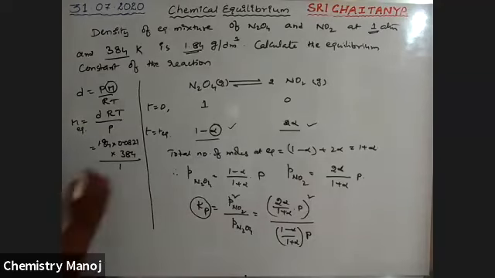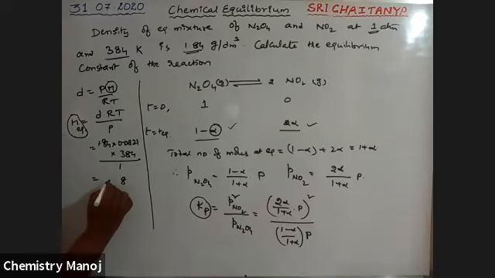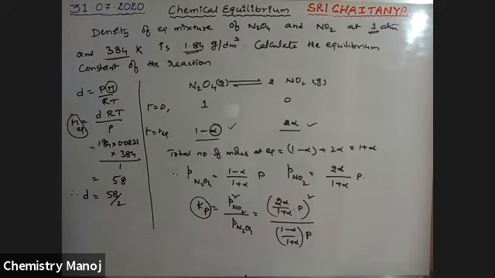So the equilibrium molecular mass is equal to 58. Therefore, the equilibrium density d is equal to 58 by 2, which is equal to 29. So this is the small d value.